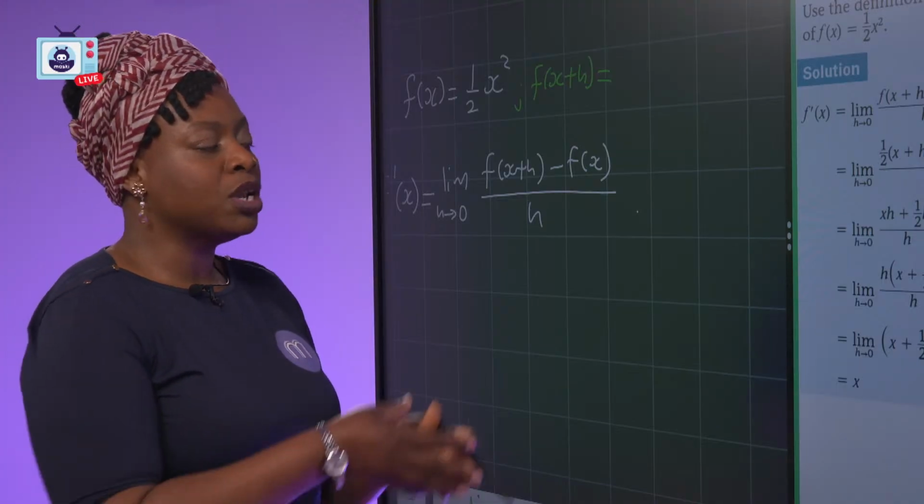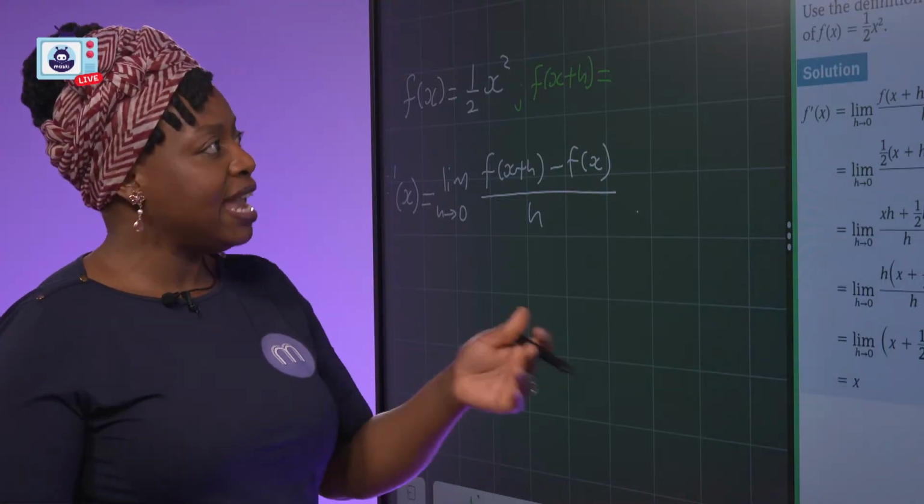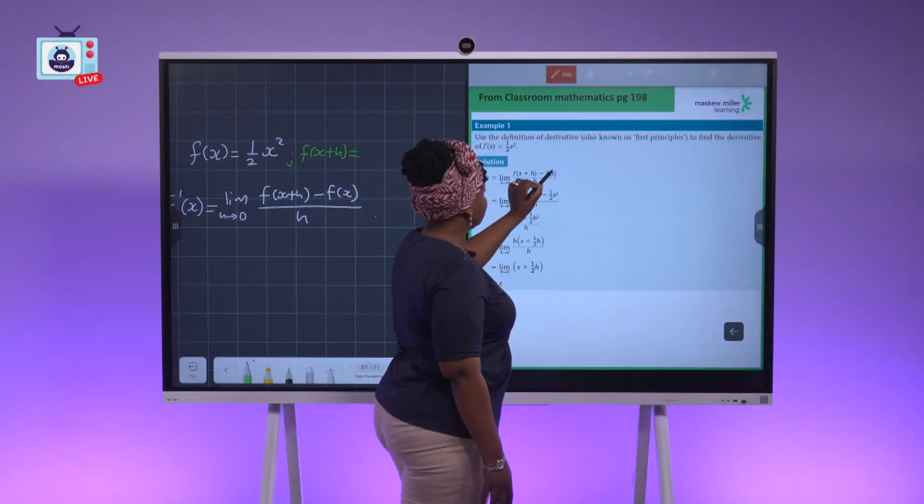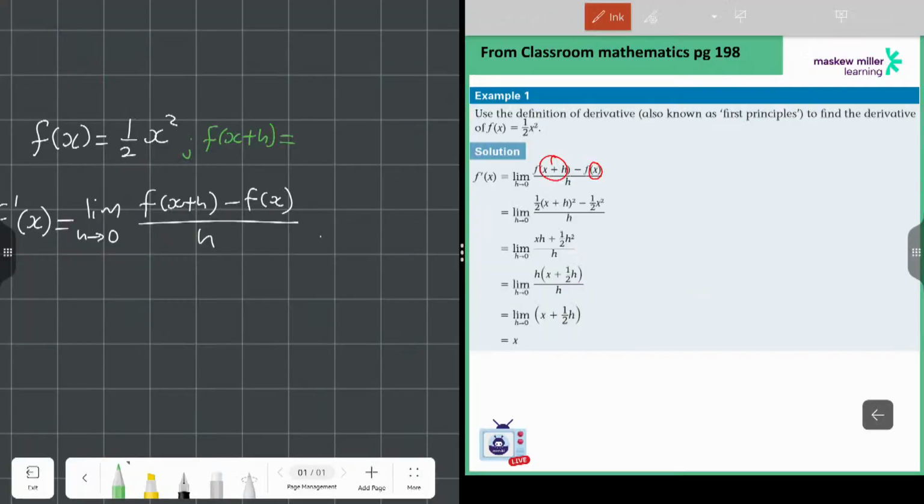So you're going to replace your x by x plus h. So that is what this formula actually says. So this is our x there, and we must replace it with x plus h. Make sure you do it like that.